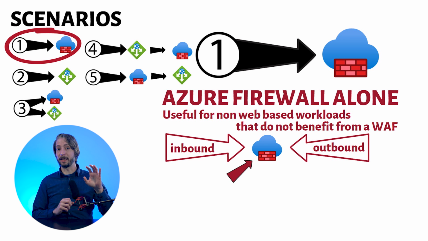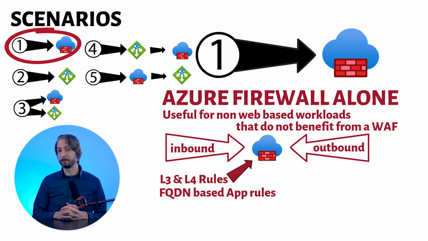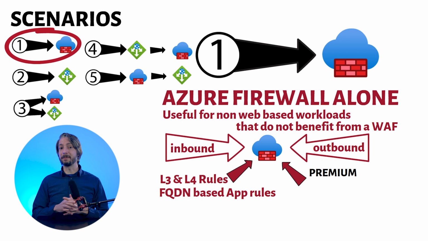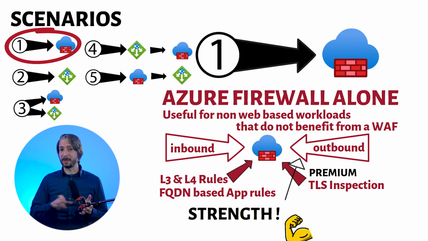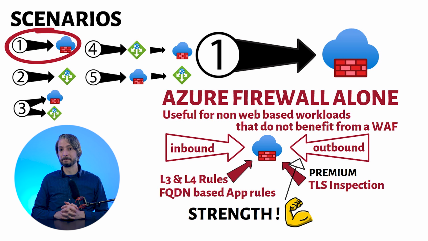However, it will be able to apply layer 3 and 4 rules and FQDN-based application rules. With Azure Firewall Premium, there are additional capabilities, such as inspecting HTTP headers and TLS inspection, but the functionality is not equal to that of a web application firewall. The strength here is that the Azure Firewall will inspect outbound traffic.